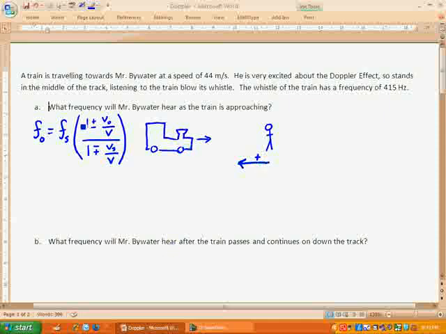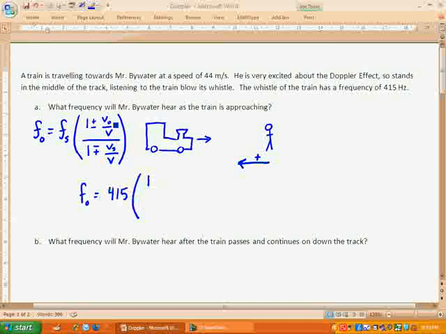So let's go ahead and put the numbers into our equation here, and let's solve for the frequency that Mr. Bywater is going to hear. We already know that since the train is coming towards me, it should be something higher than 415 Hertz. Okay, so the frequency of the observer is equal to the frequency of the source, which was 415. Okay, and then on the top we're going to have 1.